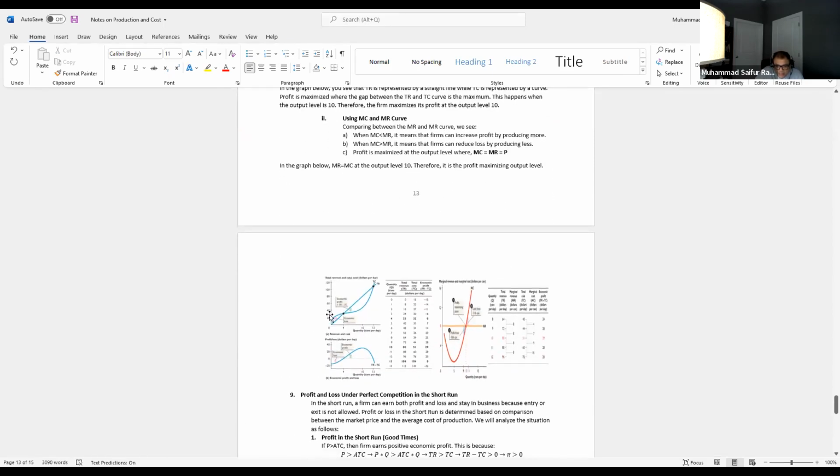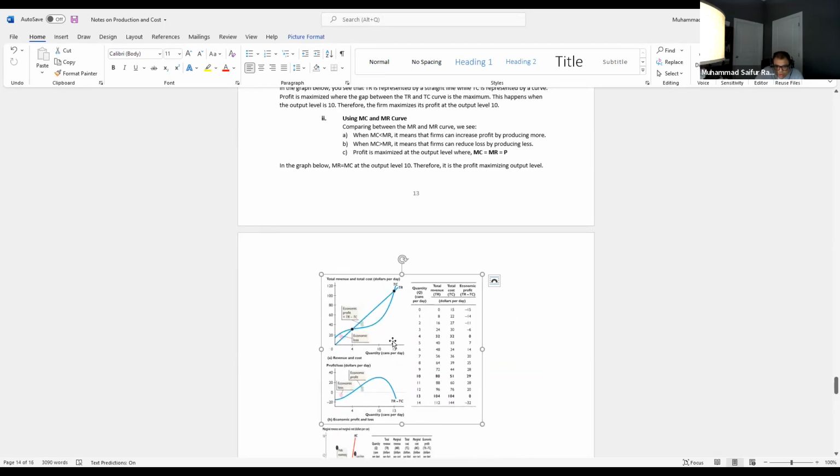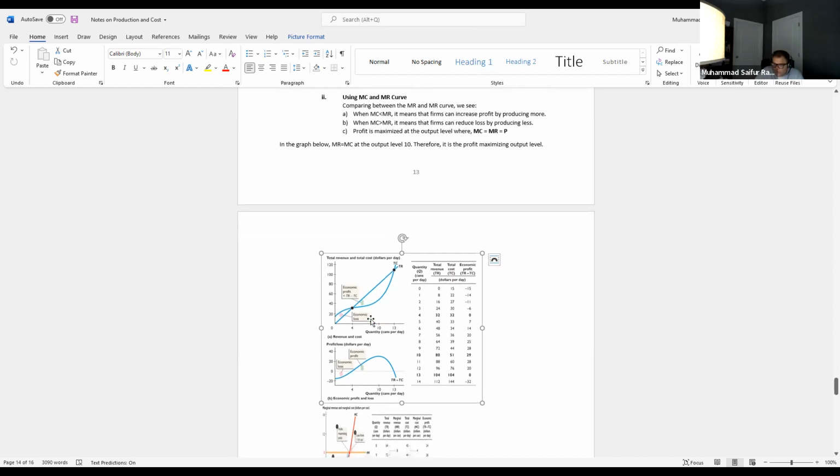I basically have covered the so-called total cost, total revenue approach, where we had these intersections between total revenue and total cost curve. Notice here, total revenue curve is much simpler, and the profit was maximized where the gap between these two curves was maximum.